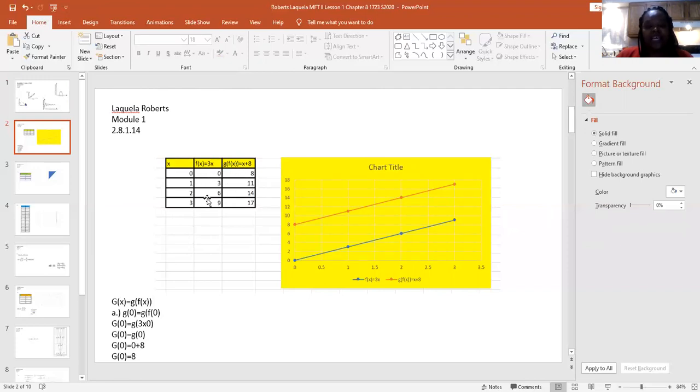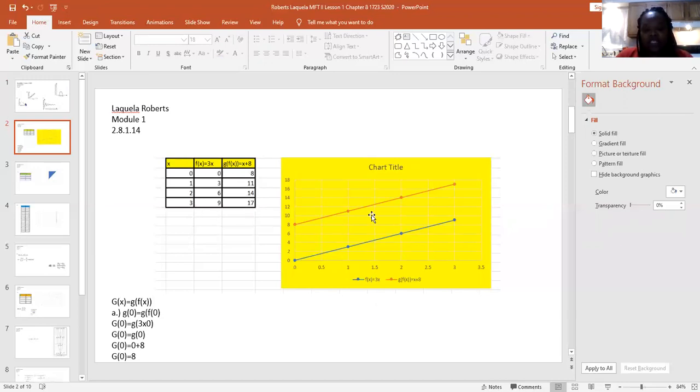So as you can see here, it increases by 3. Okay, so the g of x is also increased by 3, and it's 8, 11, 14, and 17.